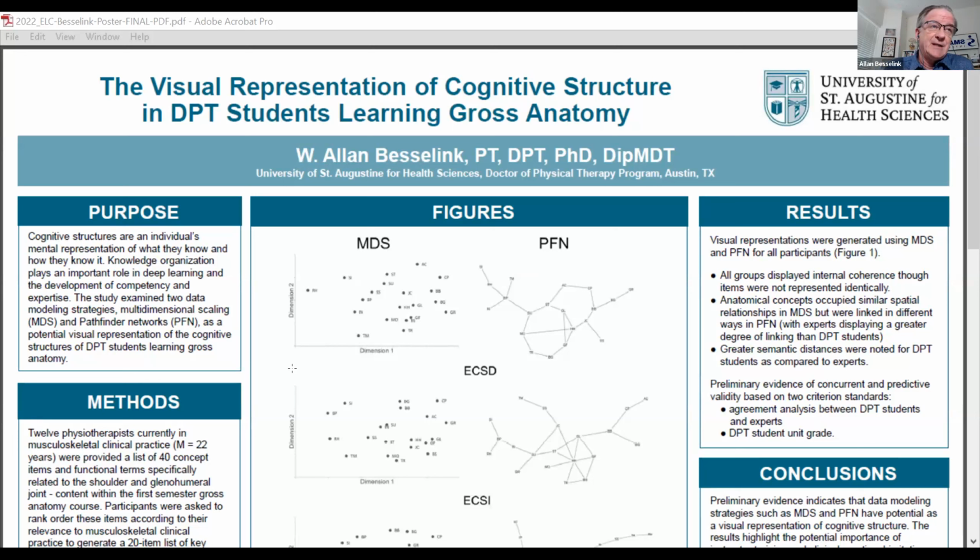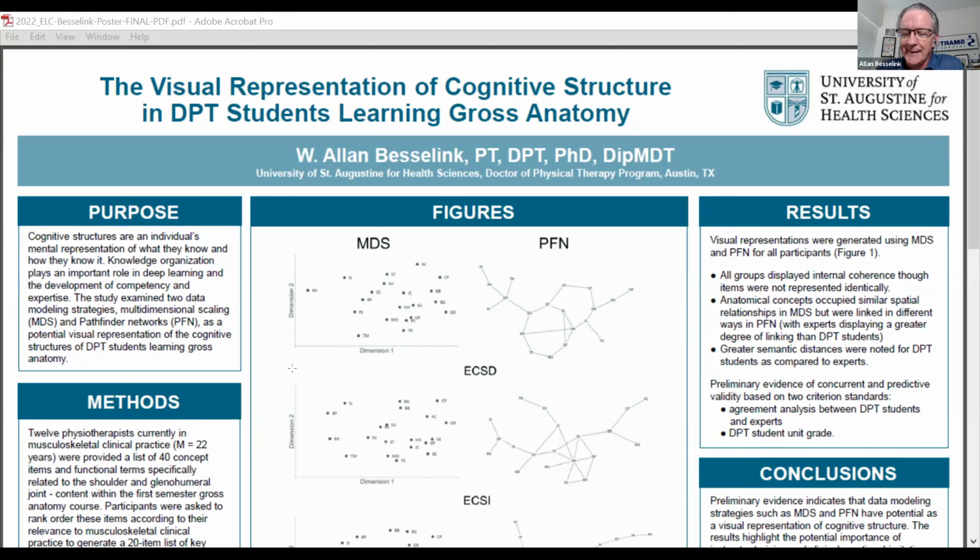There are many domains that have looked at knowledge representation and have used many different indirect methods to represent knowledge, two of which are multidimensional scaling, which you can actually perform through SPSS, and the use of Pathfinder networks, which is a separate proprietary software package.